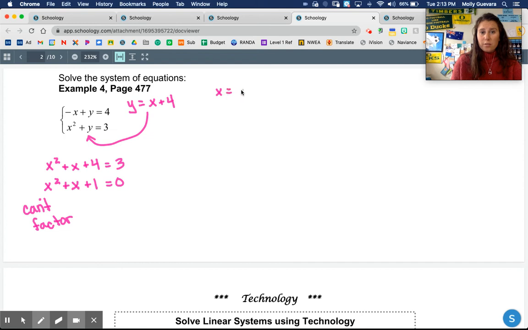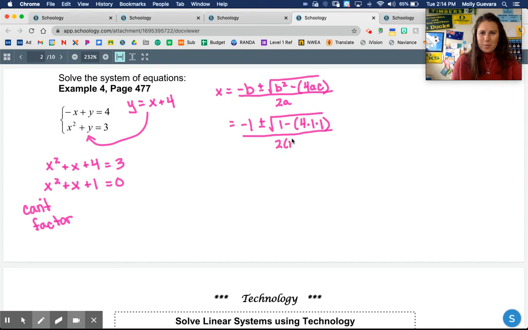So using the quadratic formula, x equals negative b plus or minus the square root of b squared minus 4ac, all over 2a. I'm just going to start plugging in my values. B is 1, so negative b is negative 1, plus or minus the square root. 1 squared is 1, minus 4 times a, which is 1, times c, which is 1, lots of 1s, over 2 times 1.